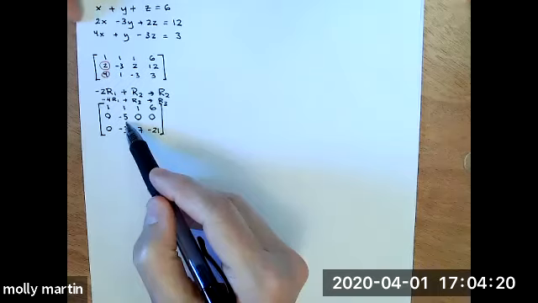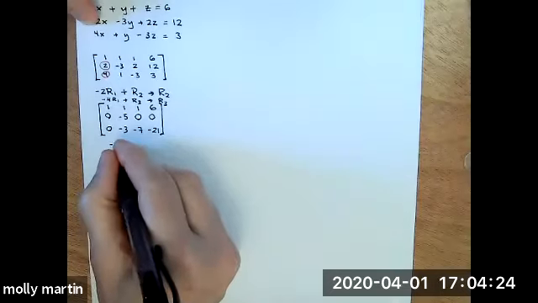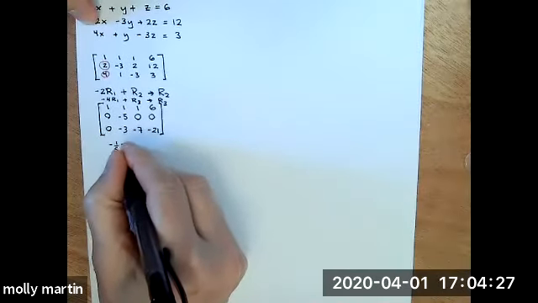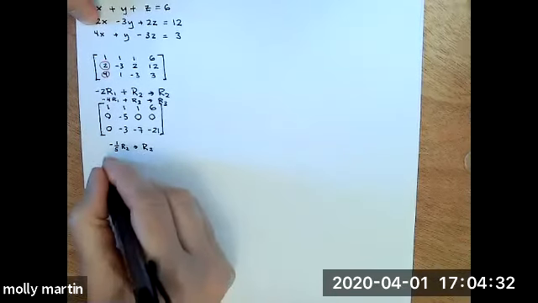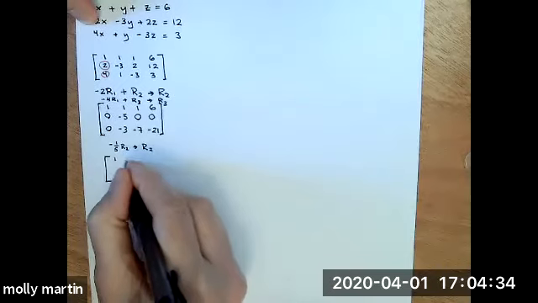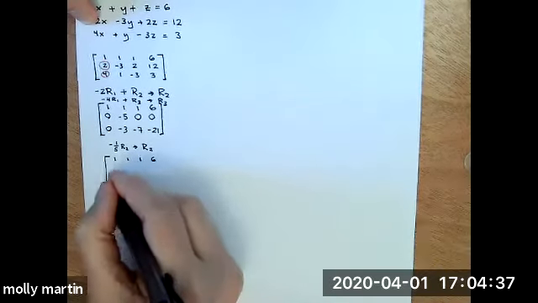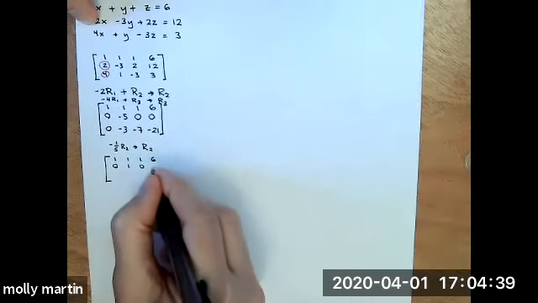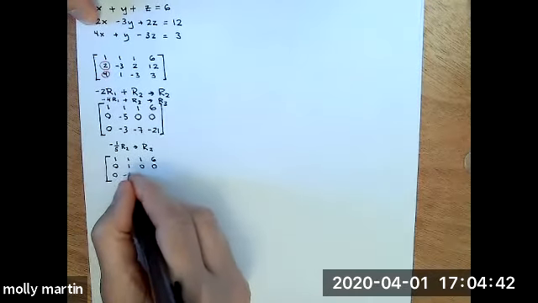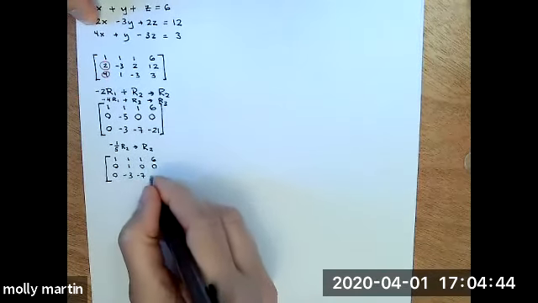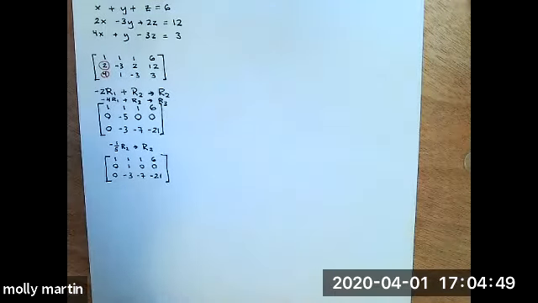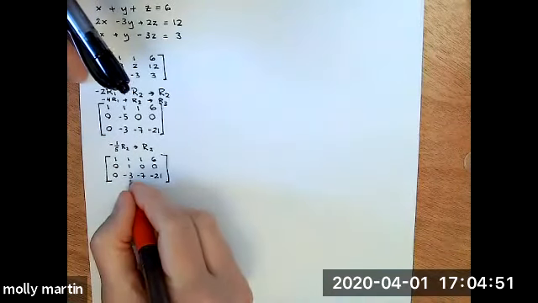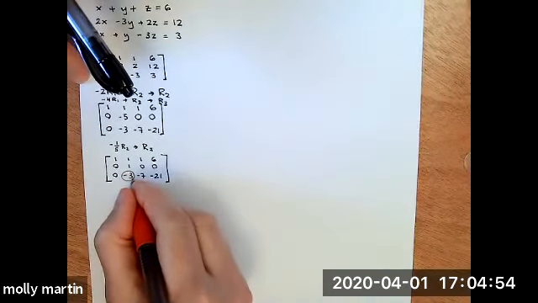Now I want to make this -5 into a 1. So -1/5 row 2 gives me a new row 2. All right, I want to get rid of this -3.